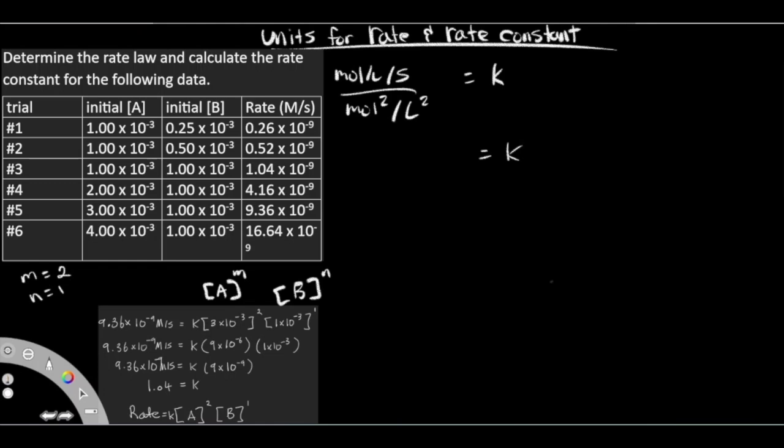Okay, so how do I make this even more simple? Well, technically this here is divided over 1. So what I'm going to do is have this moles per liter over per second again. So I'm making it a little bit more complex, but I'm doing it for a reason. I'm dividing it by our moles squared per liter squared.